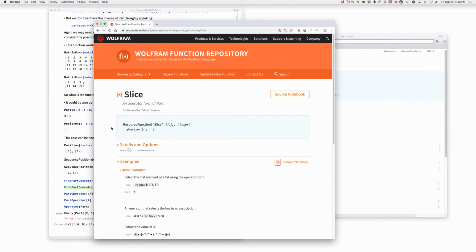I just don't really like slice very much because it's another metaphor, you know, part, slice. Why would you call it slice? It's doing something that's just like part.